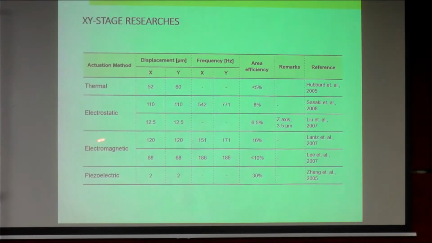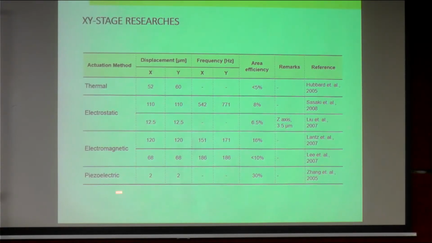And electromagnetic can make a large displacement as well, 120 micrometers, and the frequency is about 150 to 170. And I forgot to mention that electrostatic has a high frequency of 500 to 700 hertz.